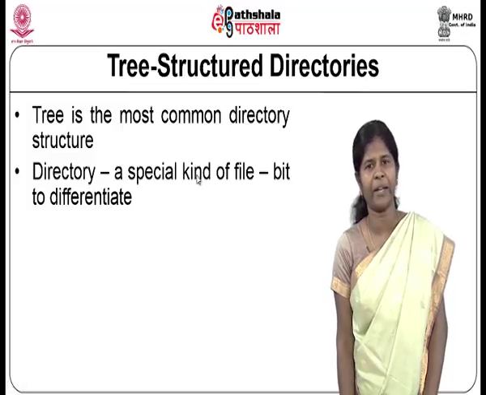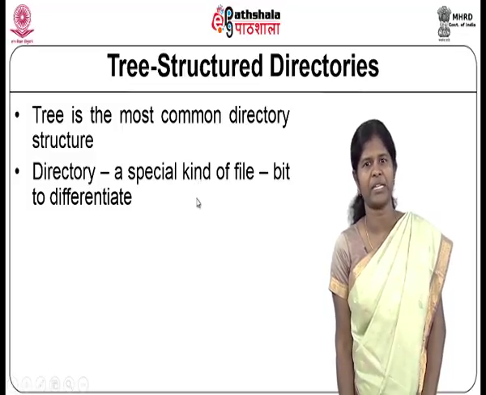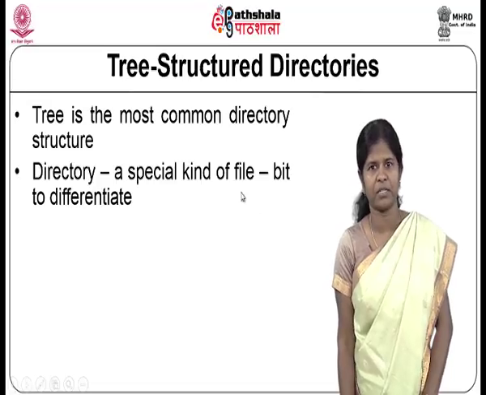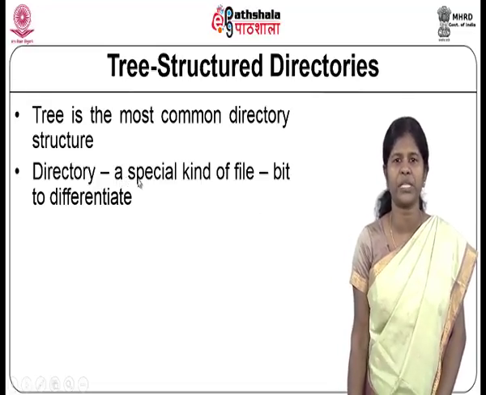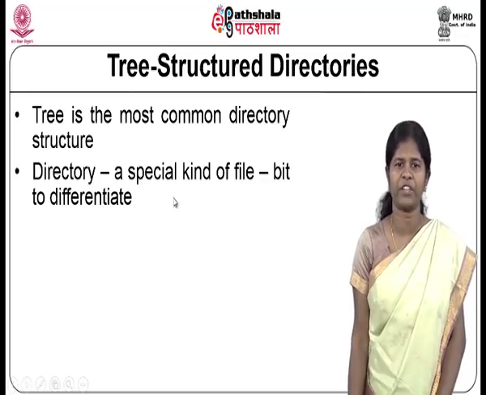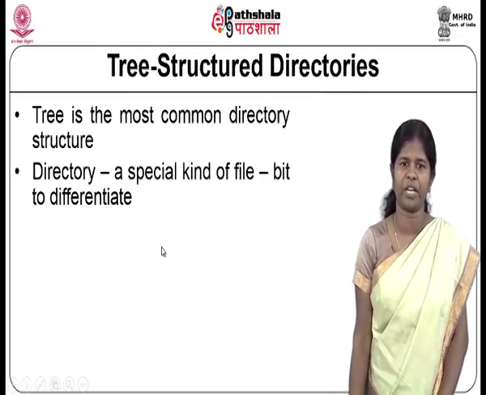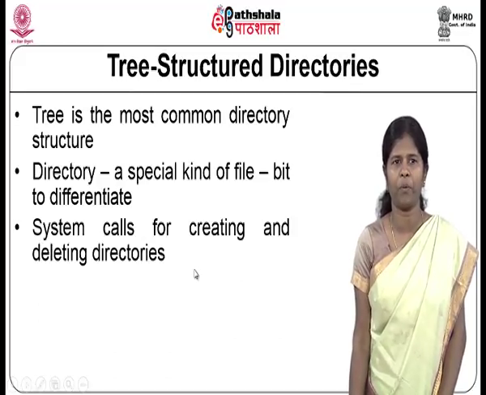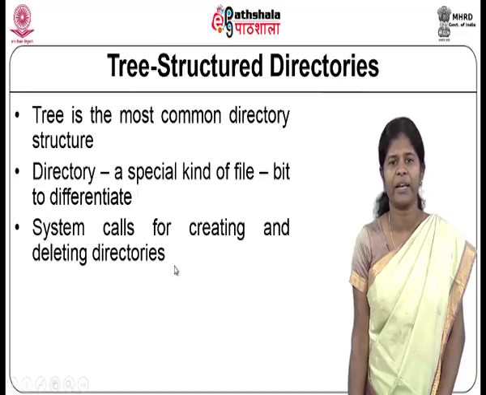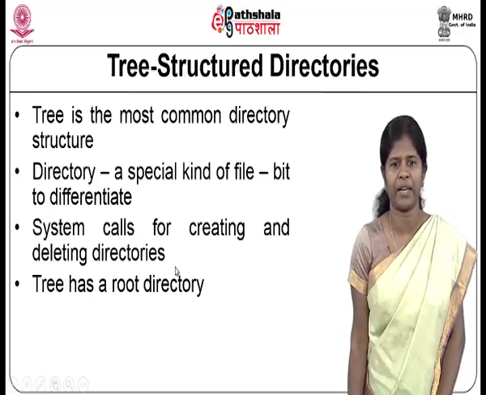One directory can have subdirectories as well as files beneath it. Subdirectories are differentiated using this bit, and files will be differentiated using a different type of bit. And system calls are provided for creating and deleting directories.